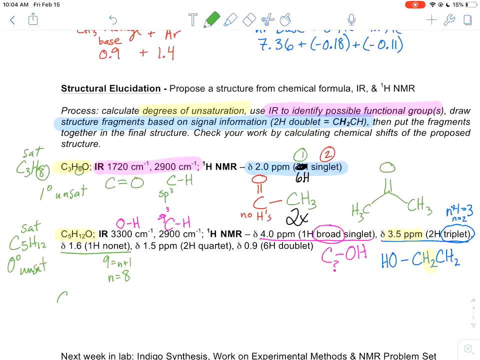But let's start with our actual fragment. It's a CH because it integrates to 1 hydrogen. The range is 1.6, meaning it's probably close to that alcohol, but not quite close enough to be high like 3.5. So it looks like there's only one set of hydrogens that's right next to that alcohol.